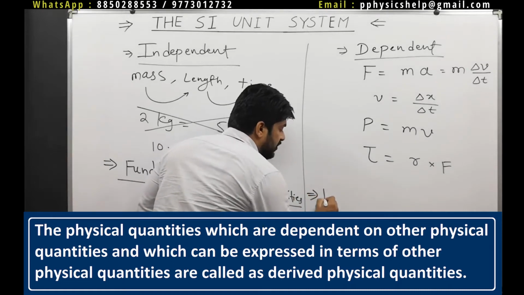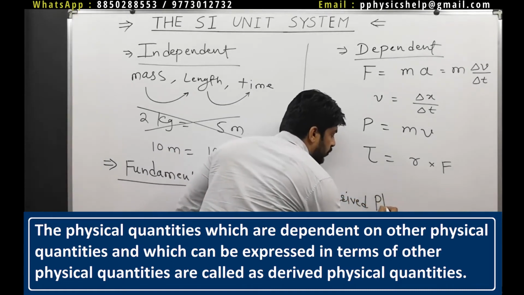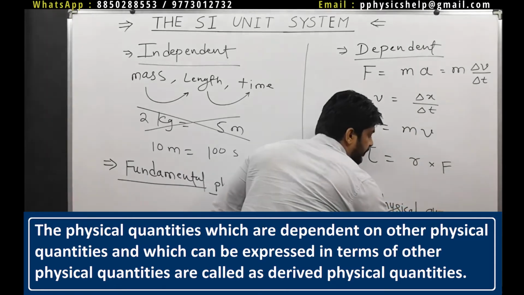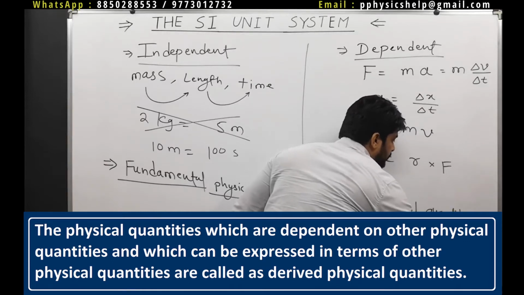I will repeat: the physical quantities which are dependent on other physical quantities and which can be expressed in terms of other physical quantities are called derived physical quantities. I will write here, derived physical quantities. You can see the definitions on the screen for these two.